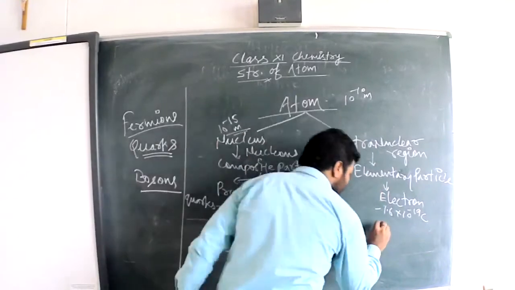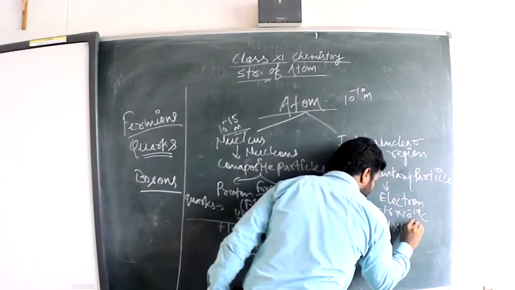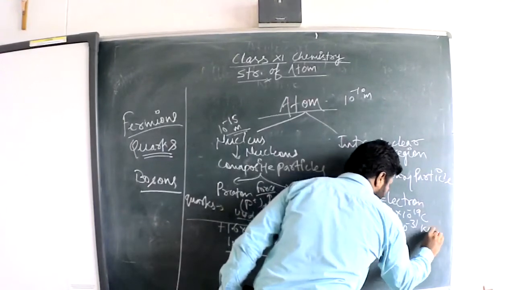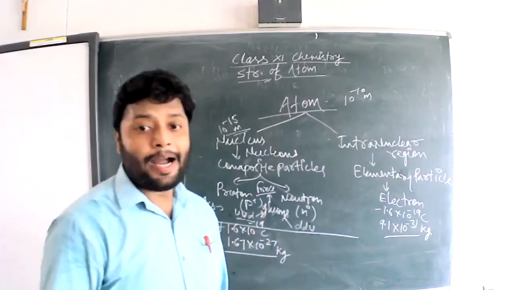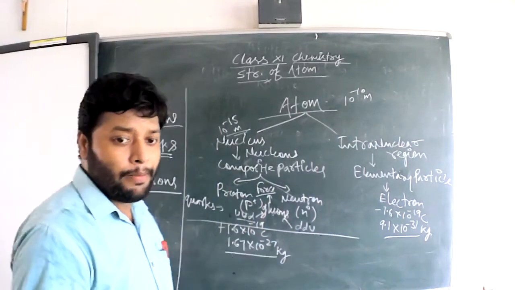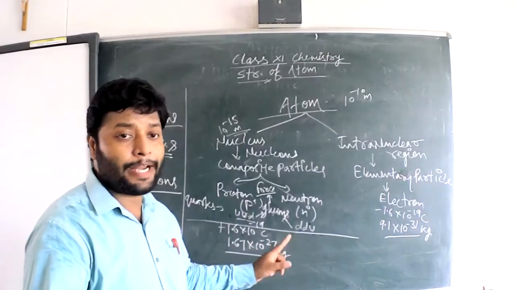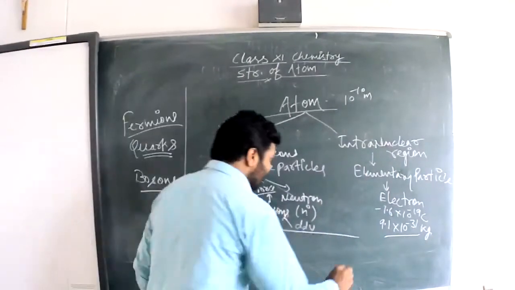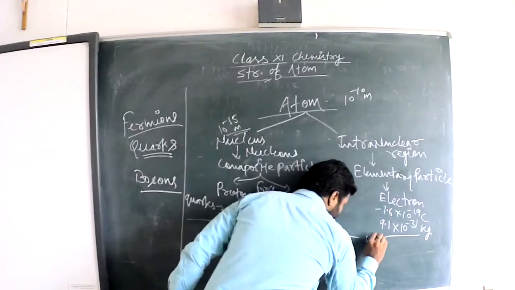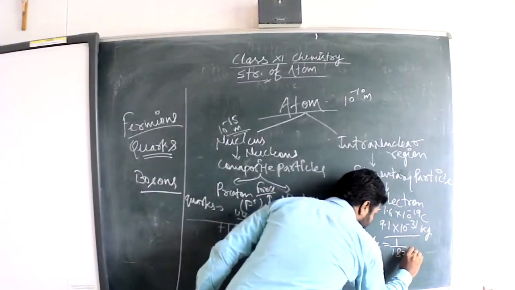Mass of electron is 9.1 times 10 to the power minus 31 kilogram. Mass of proton and neutron is 1.67 times 10 to the power minus 27 kilogram.